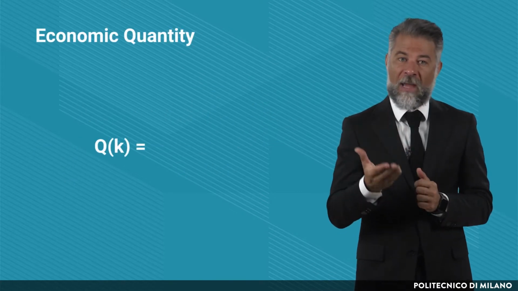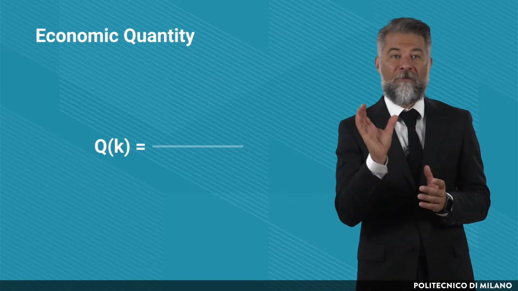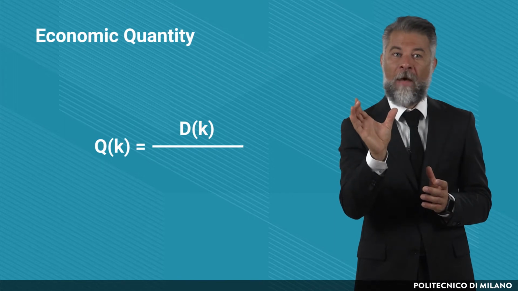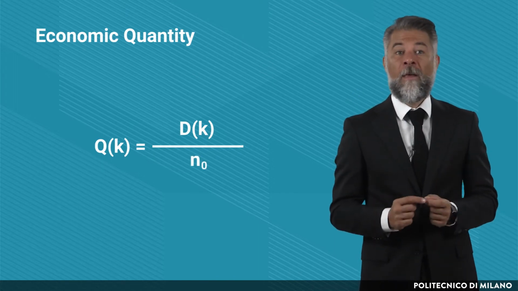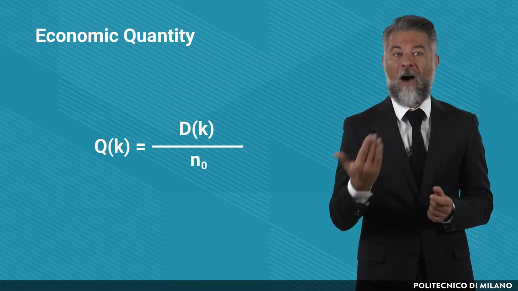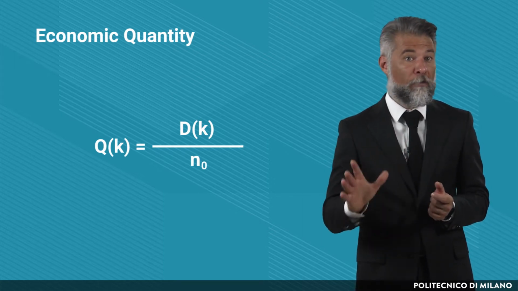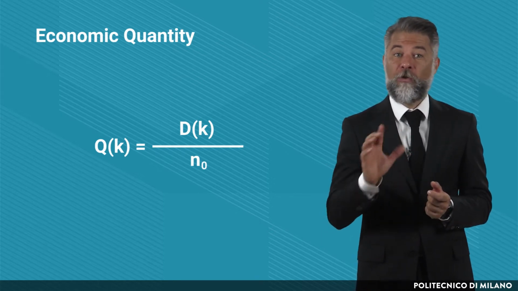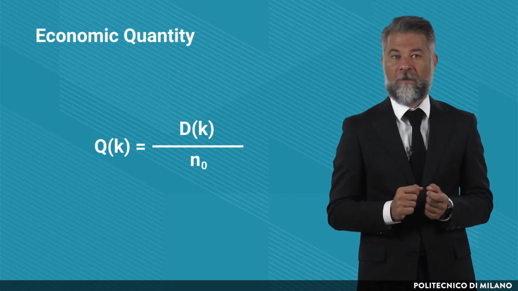So, the economic quantity to produce in every campaign for the product K is simply obtained dividing the total yearly demand by N0. As an example, if the total demand for product 1 is 2500 pieces and N0 equals 2.5, then Q0 for product 1 would be 1000 pieces.